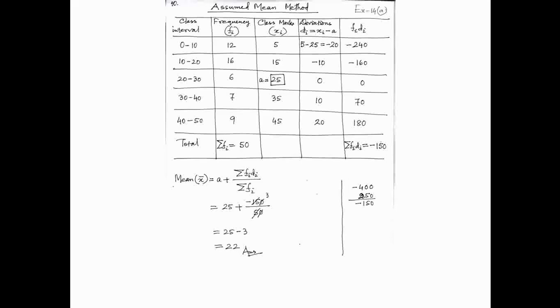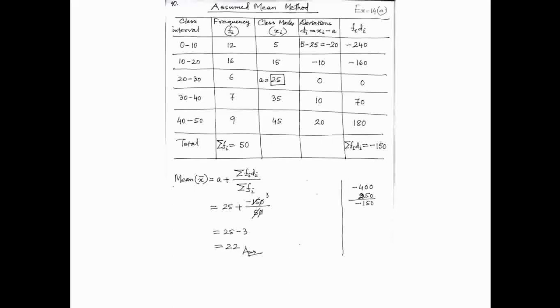Then the midpoint of this class interval I have written here as class marks, that is xi. So class interval 0 to 10, the mid value is 5. Similarly 15, then 25, then 35, then 45.